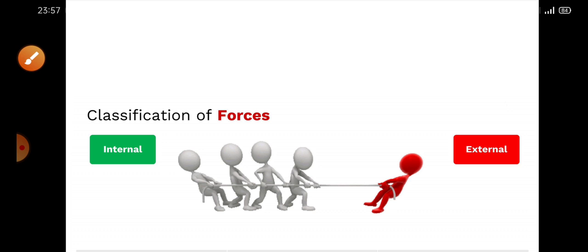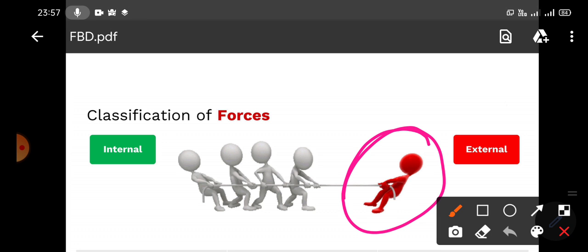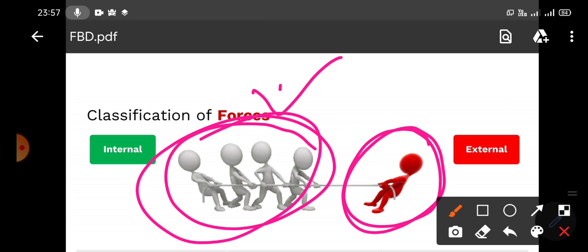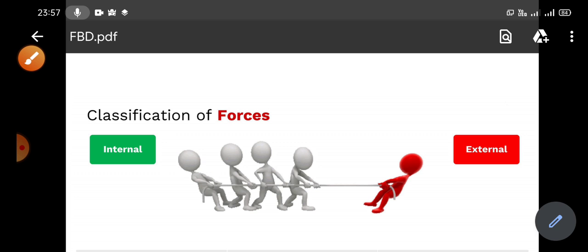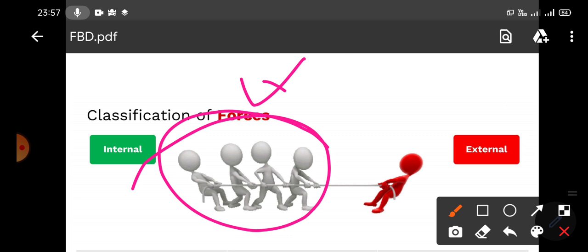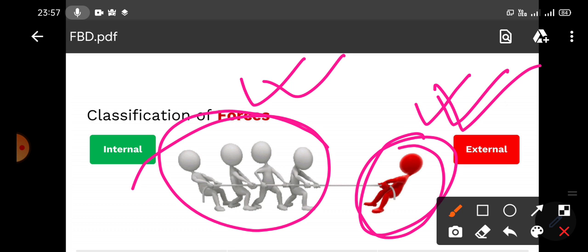And if you take the lone boy as our system, then these four boys will be the external force, and this boy will be the internal force. So it depends on the system.